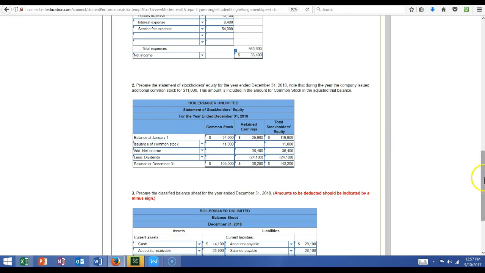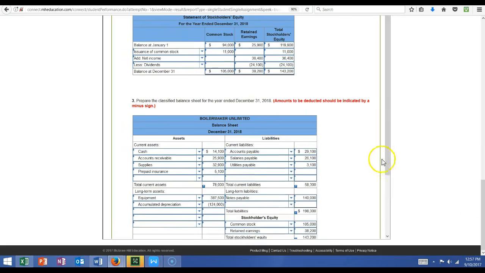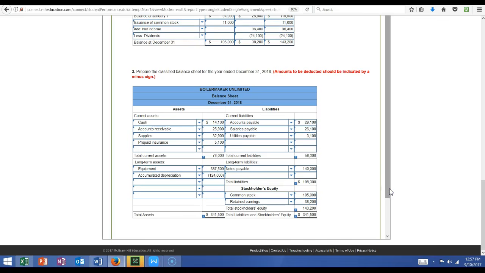Once we figure out the statement of stockholders' equity, which has an ending balance here of common stock of 105, retained earnings of 38.2, with a total stockholders' equity of 143.2, we can put that right down here in the stockholders' equity section of the balance sheet.